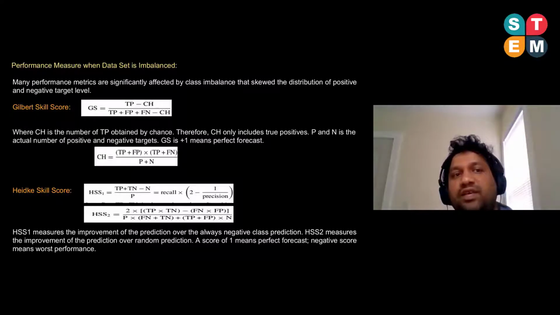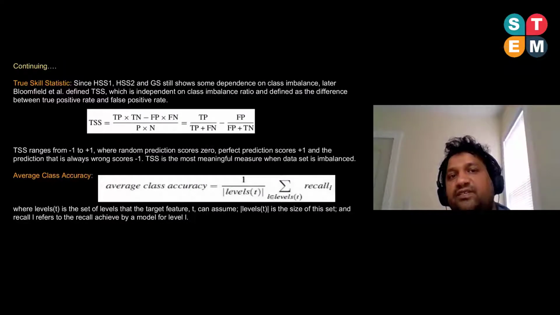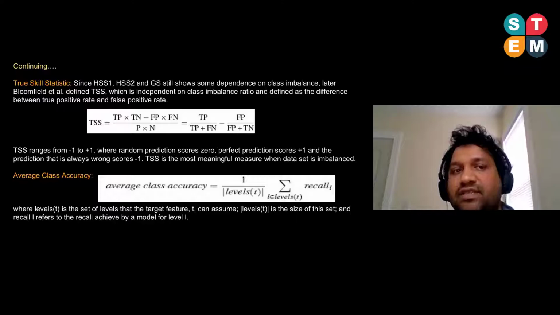So there are many performance measures like the Gilbert skill score and Heidke skill score. They are used in this case. And another, more important one, is the True Skill Statistic. The True Skill Statistic is a more important parameter when the dataset is imbalanced, because the Heidke skill score or Gilbert skill score shows some dependence on class imbalance.